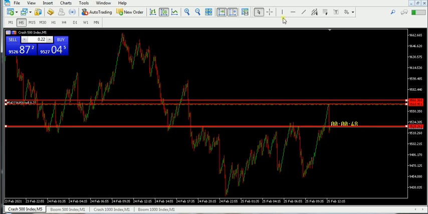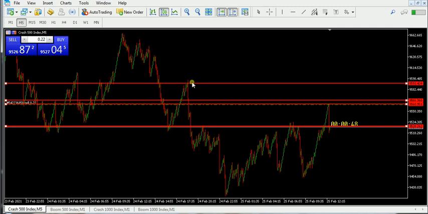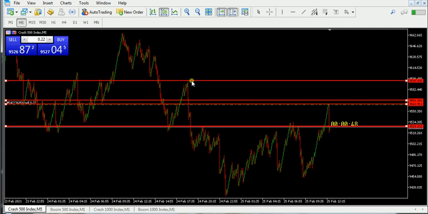So you just be plotting your resistance level. If it is Crash, you'll be plotting your resistance level so that it will be easier when price gets to the resistance level. There should be a crash. There is another resistance level because it touches another endpoint here, it touches another endpoint here.